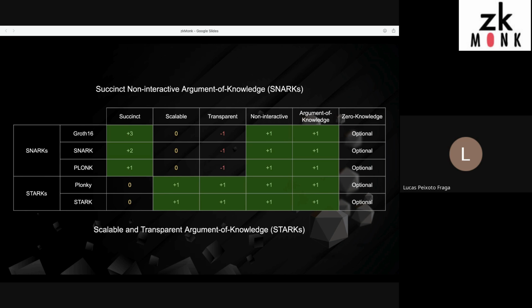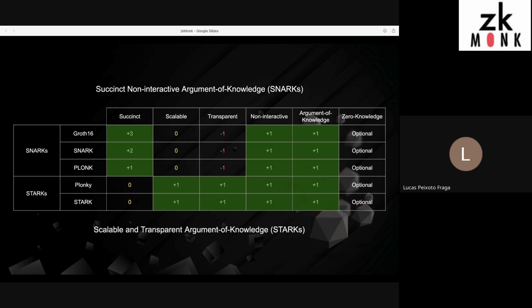So STARKs allow us to prove problems of any size without requiring any kind of trust, because they are also transparent, but they're not succinct. The fact that makes them scalable and transparent is the same thing that makes them less succinct. So yeah, these are the differences between SNARKs and STARKs.